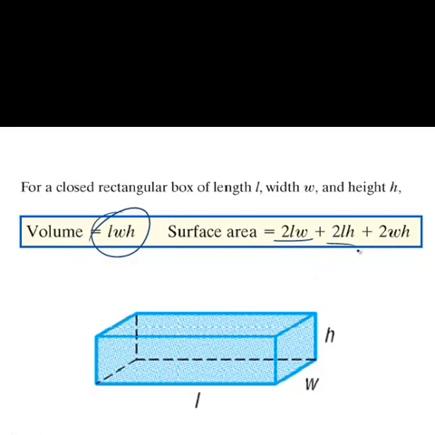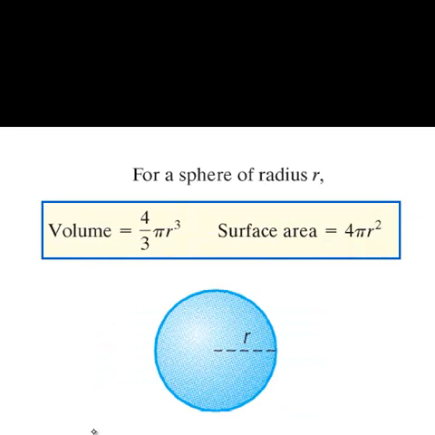And twice the length times height, well, that would be the front and the back, those two together. And then 2 times the width times the height. The width times the height would give you the area of either end. So you multiply by 2 and you get the 2 areas. So you add them all up to get the total surface area.